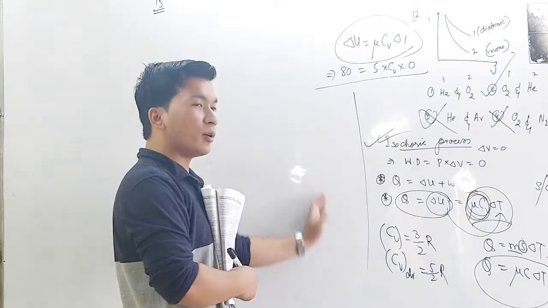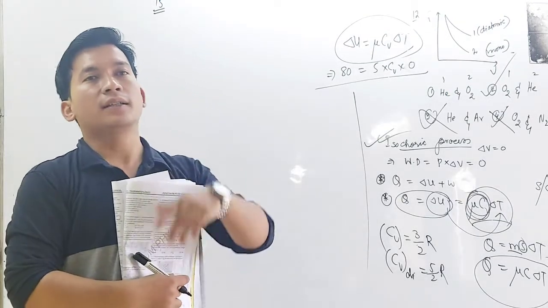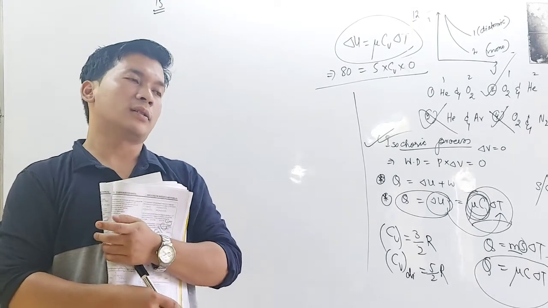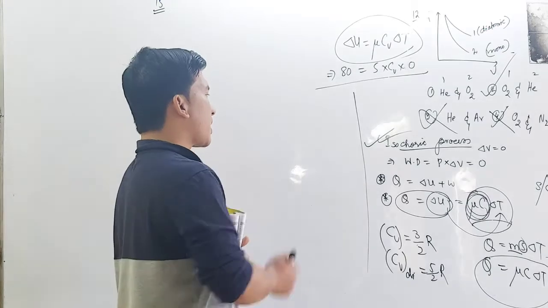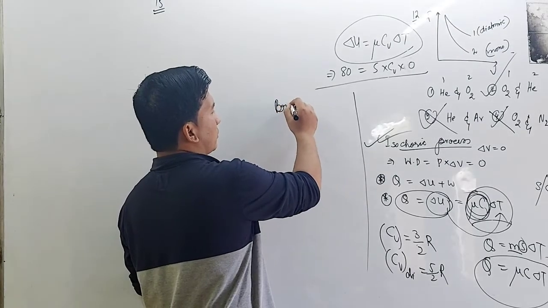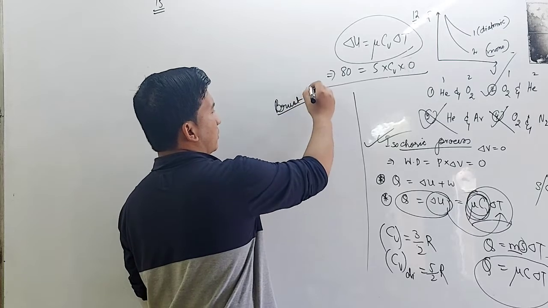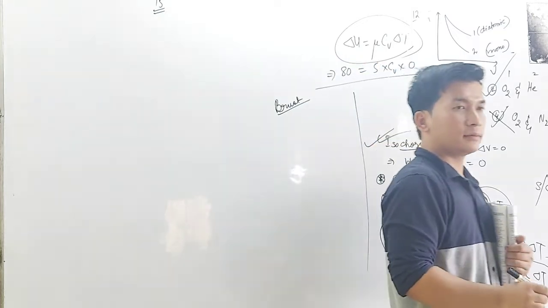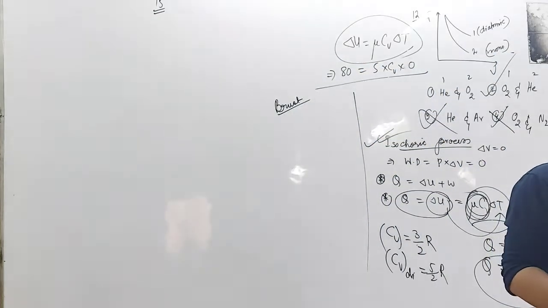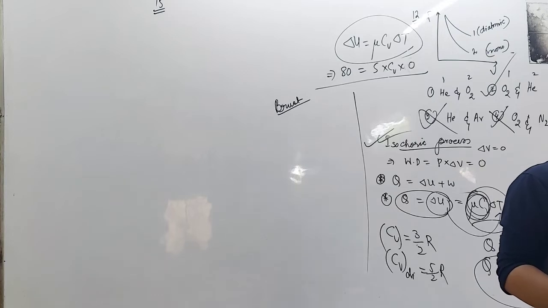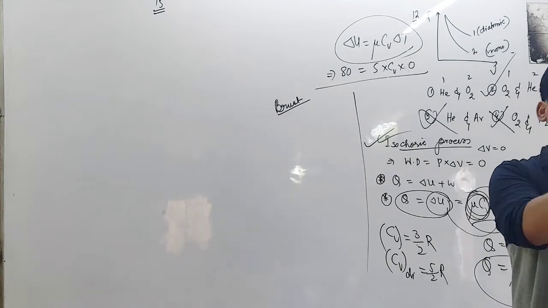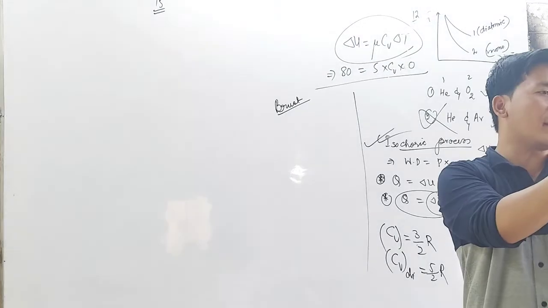In an adiabatic process there will be volume expansion and there will be volume compression. When a balloon bursts, is this volume compression or volume expansion? The air filled in the balloon is under a fixed volume, a fixed compartment.